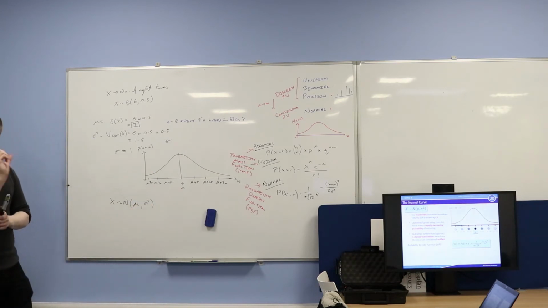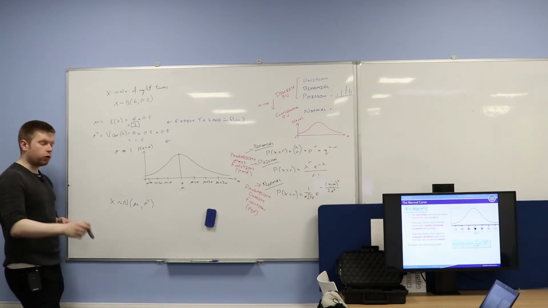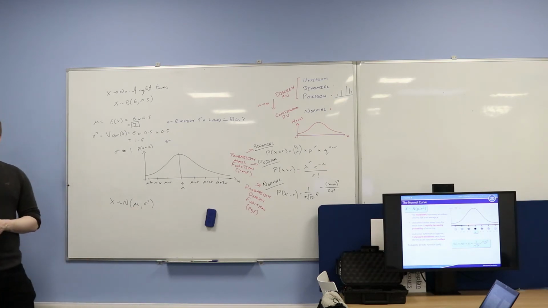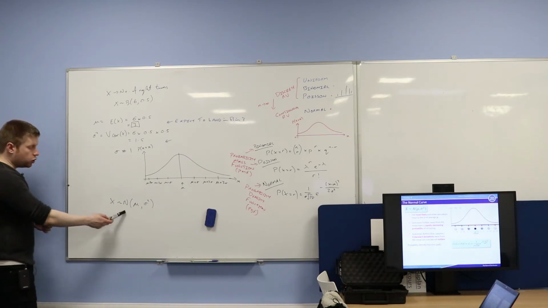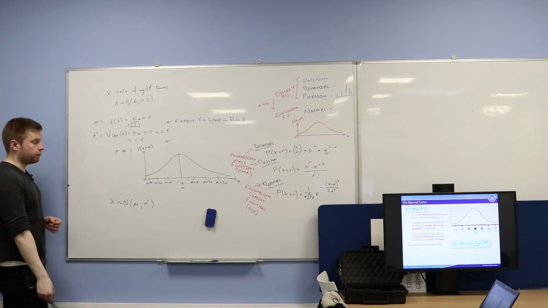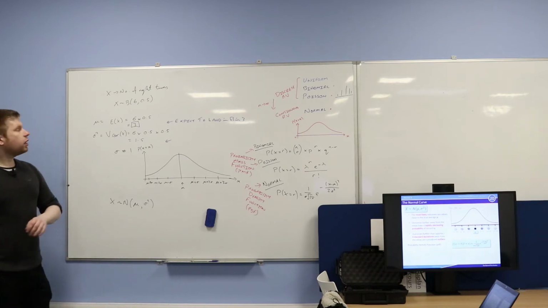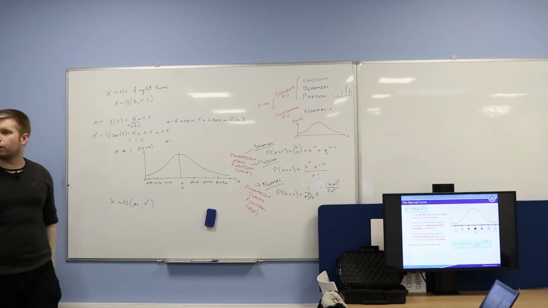It might be different depending on where you look, like the books which you look at, but in this course and in the textbook for this course, it will always be variance that goes here. Is that okay? So if this is your random variable, it's going to be normally distributed. These are the 2 parameters which you need to define your normal distribution. You need the expected value and you also need the variance. And you can see that's kind of where we came from right from the very start.